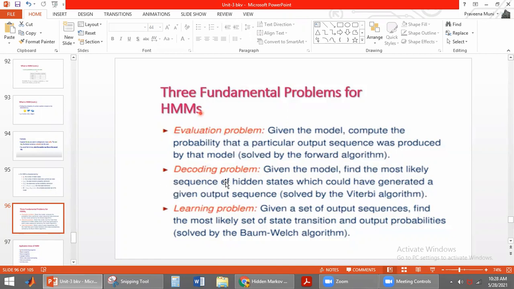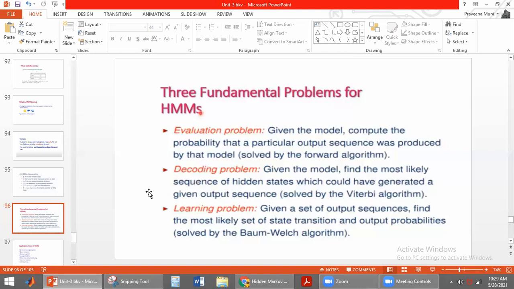Then what is the decoding problem? Given the hidden Markov model, find the most likely sequence of hidden states which would have generated a given output sequence. You have a particular output sequence, and the hidden states that generate it is the decoding problem.